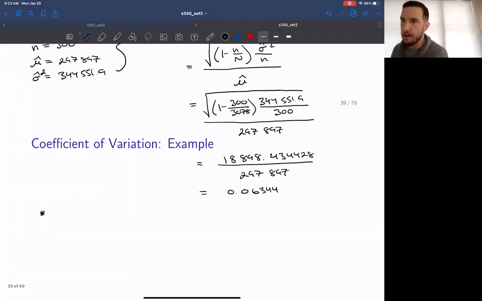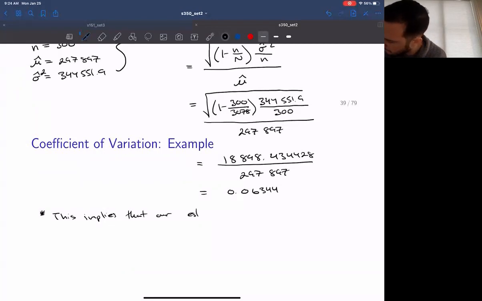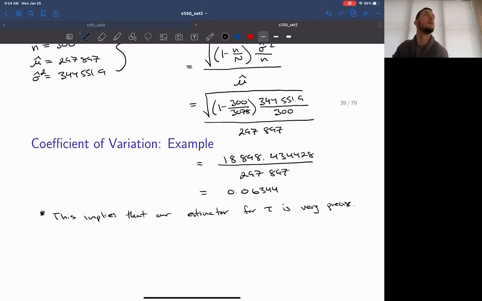This would imply that our estimator for tau is quite precise, very precise or very accurate, sorry.